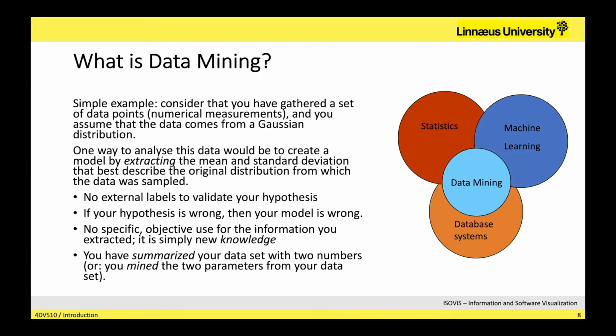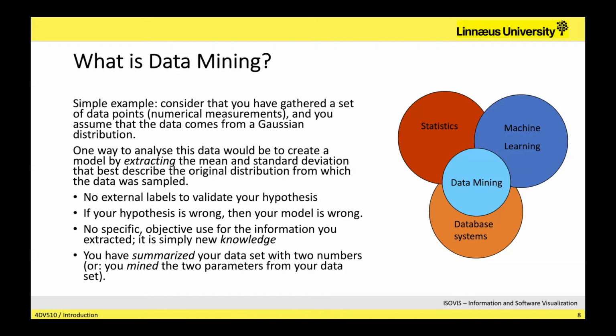So you can extract the mean and standard deviation, and basically what you did is you have summarized your whole data set with just two numbers, right? Using the mean and standard deviation and the normal equation, the Gaussian that's so well known, you can basically reproduce this data set and resample it if you want in order to generate new data points.